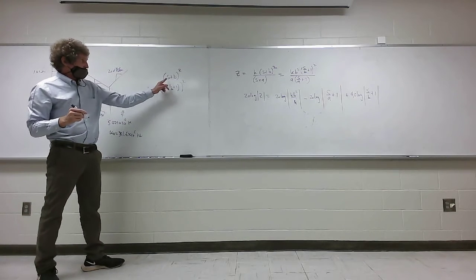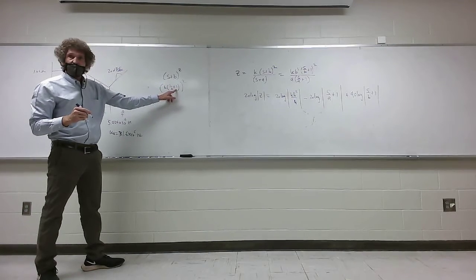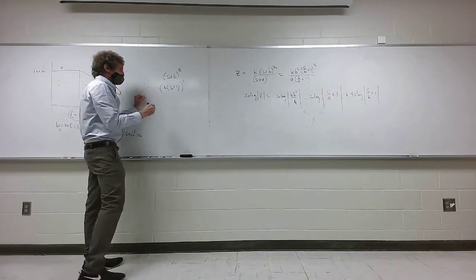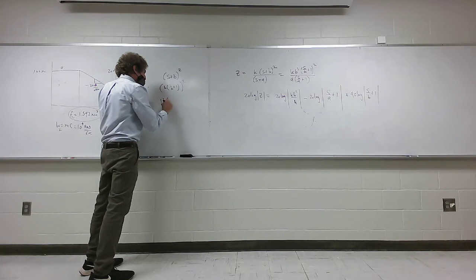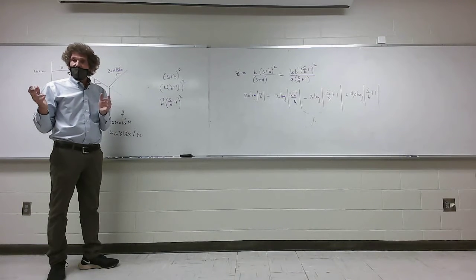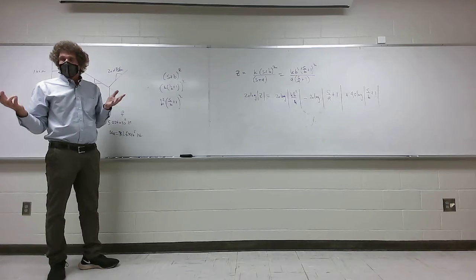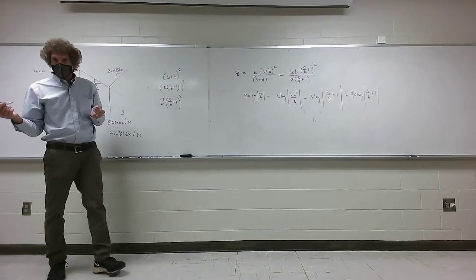I just factored a B out of that, and I have S over B plus 1 remaining. Now that's squared, so wouldn't that be B squared times S over B plus 1 squared? Yes. Okay? There's no dumb questions here. Believe me, there are things that just don't click sometimes.